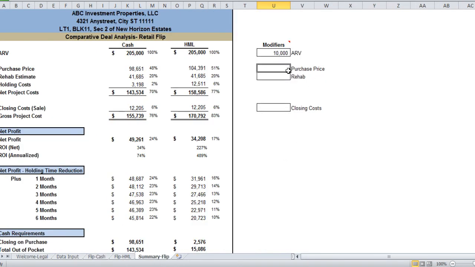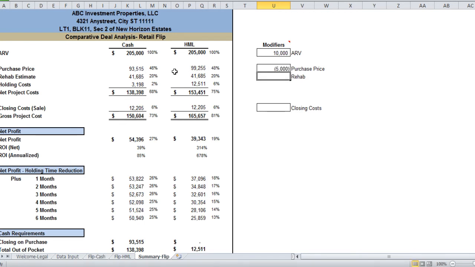We can do the same thing to the purchase price. We can say maybe we think that we can buy this property for 5,000 less, or we're going to go in. If we can't buy it for 5,000 less, we're not going to do the deal. So we could put it in here though, 5,000. And sorry, I need to put negative 5,000, not 500.